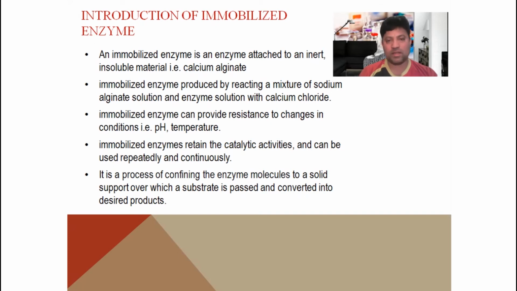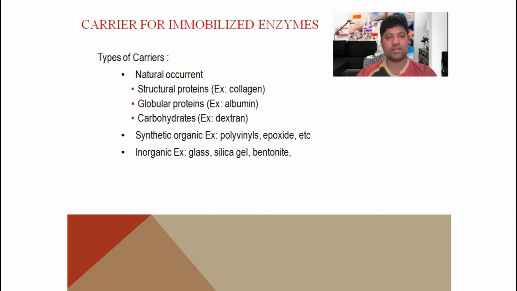Immobilized enzyme retains catalytic activity and can be used repeatedly and continuously. It is produced by confining the enzyme molecule to a solid spot over which a substrate is passed and converted into the desired chemical or product in the pharmaceutical and health industry.